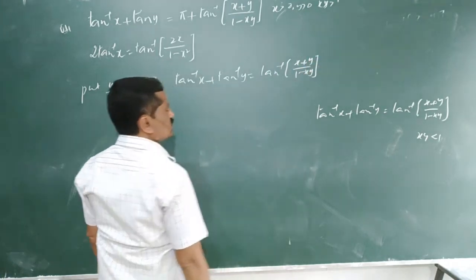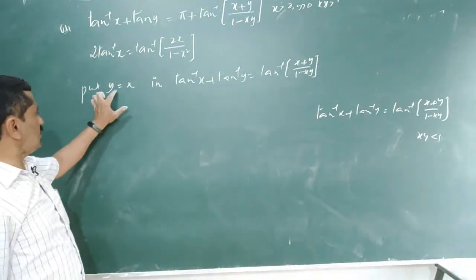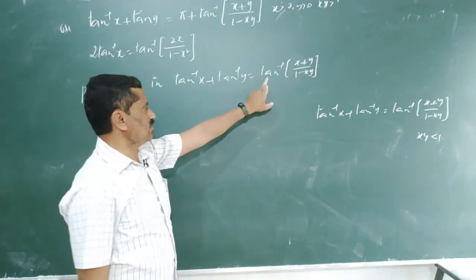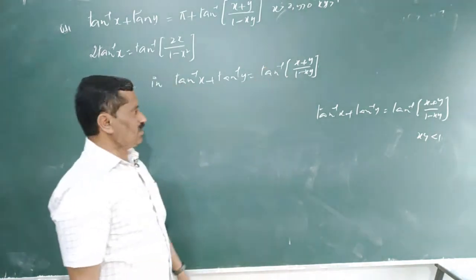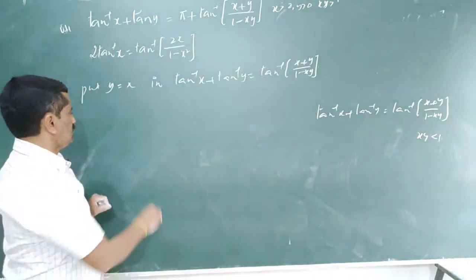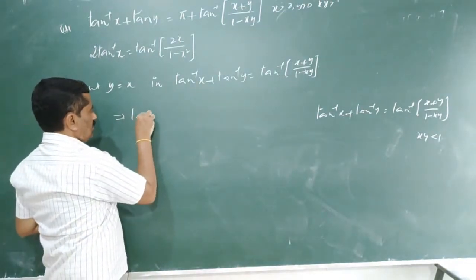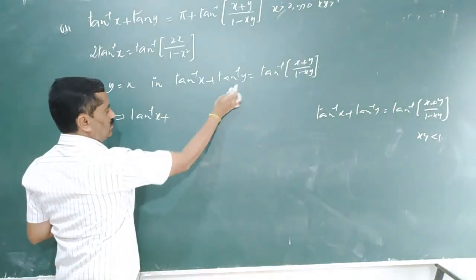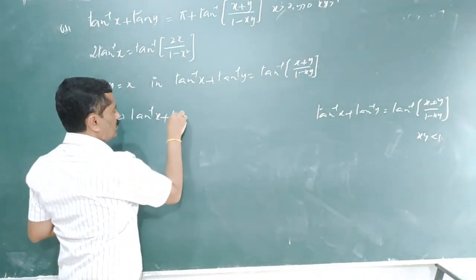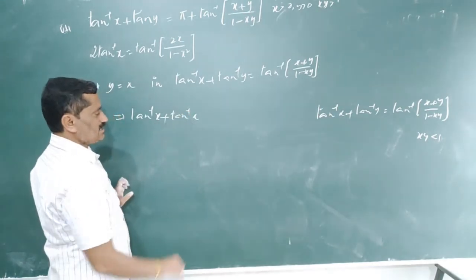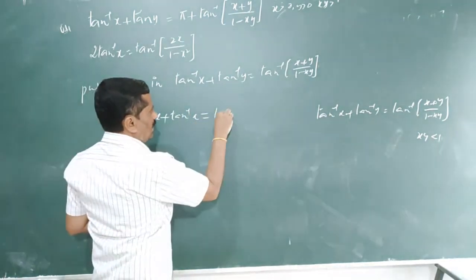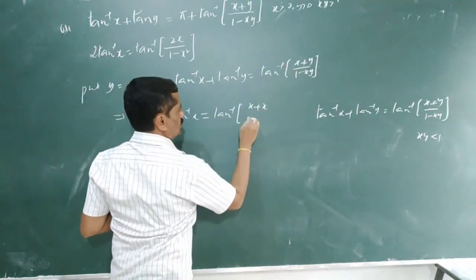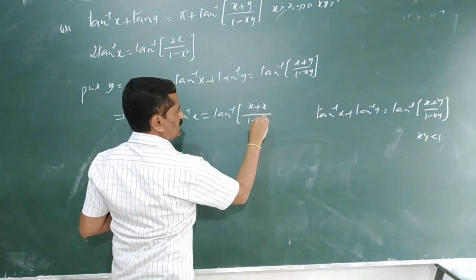Now replacing y with x, we have tan inverse of x plus tan inverse of x, which is equal to tan inverse of (x plus x) divided by (1 minus x into x), that is x square.